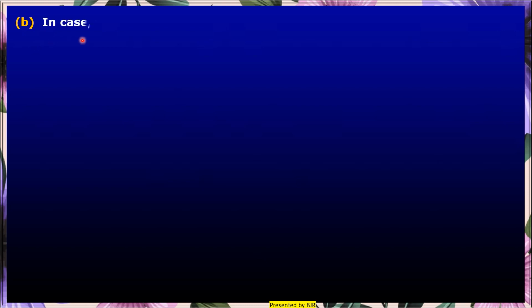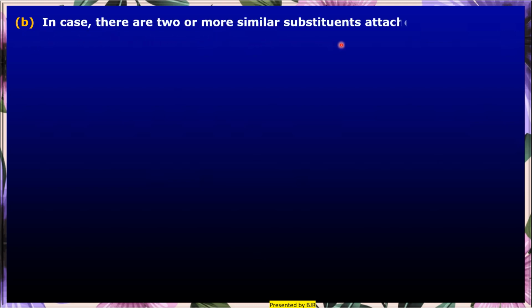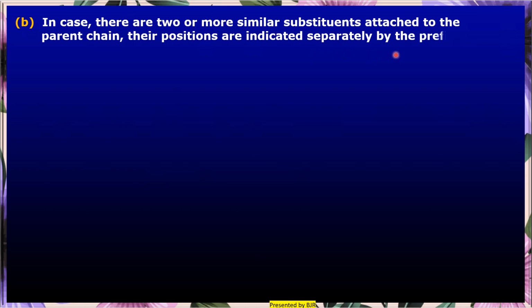Subrule B, under numbering: in case there are two or more similar substituents attached to the parent chain, their positions are indicated separately by the prefixes such as di, tri, tetra, etc. That means if two similar substituents are attached to carbon atoms in the parent chain, then we have to use the prefix di.